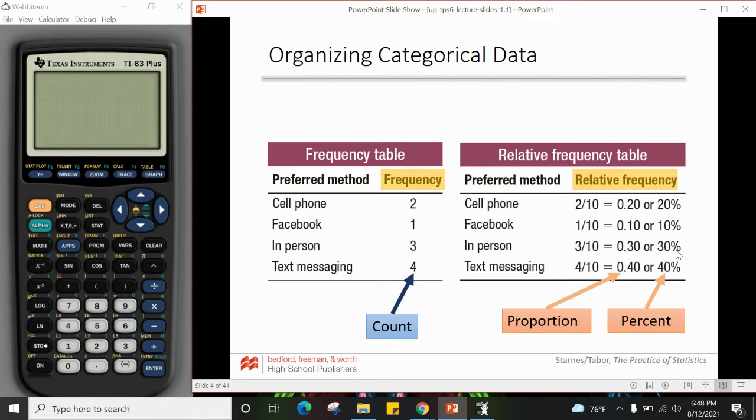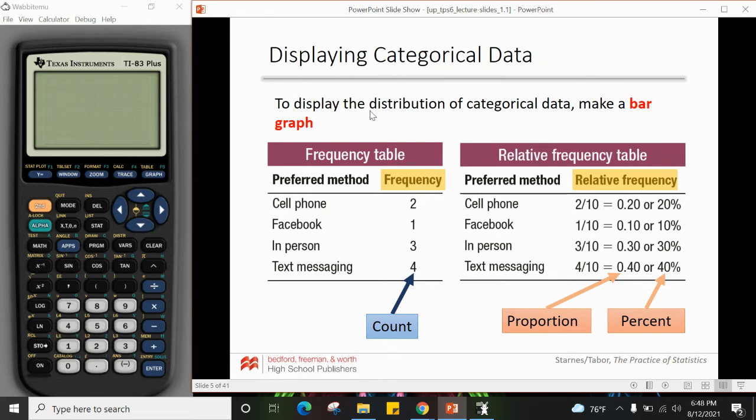So a proportion should be a decimal or a fraction. A percentage is, as you see, 20%, 10%, 30%, 40%. 40% and 0.4% are very different numbers and mean very different things. So make sure you are very particular in your word choice and you are actually saying what you want to say.